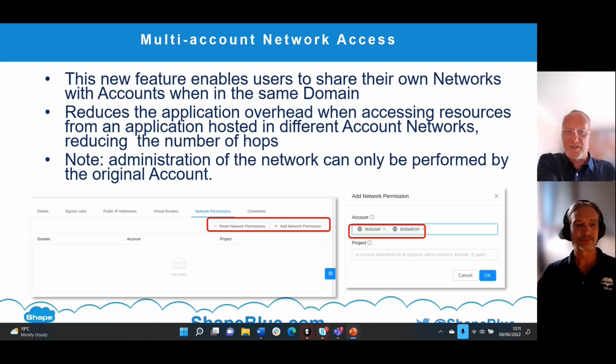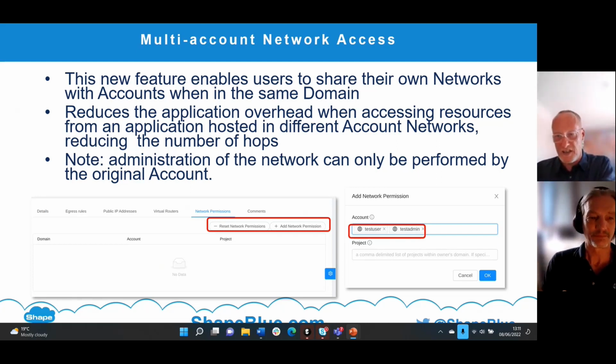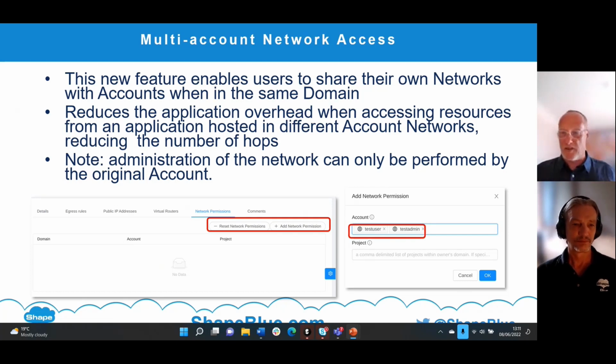Maybe you've got an account which is all the database guys, and an account which is all the business tier guys. From a network perspective, because they couldn't share those networks, they would have to go all the way out, I guess, to how far would they have to go, Marco, in terms of packets?